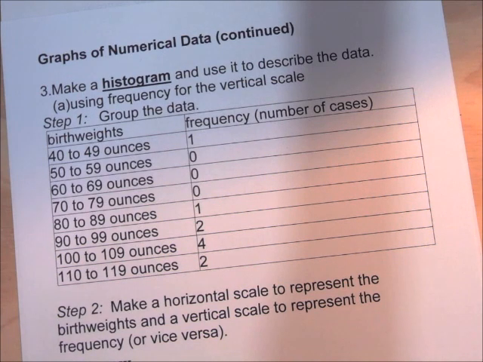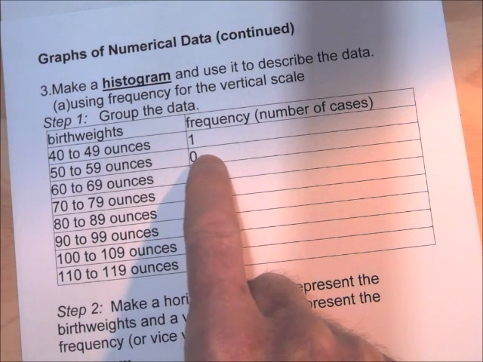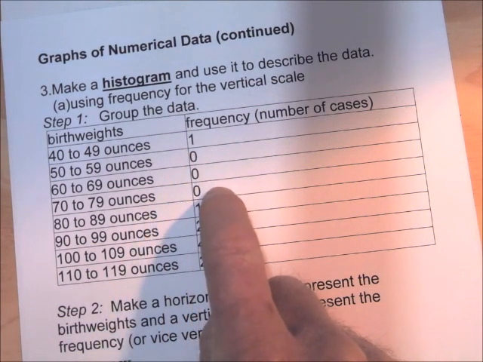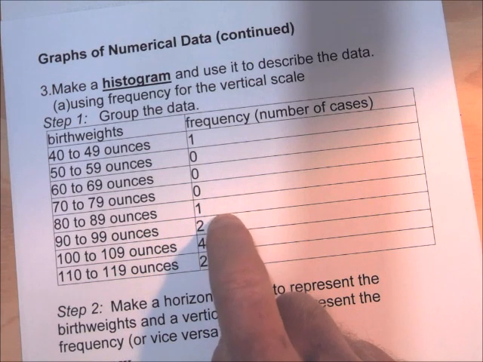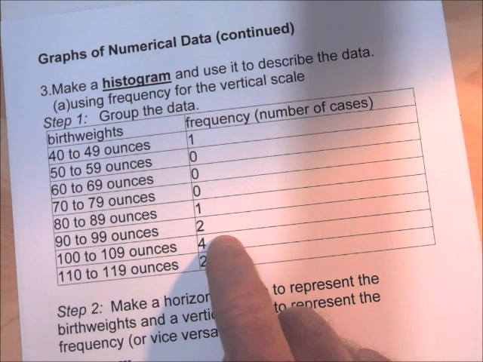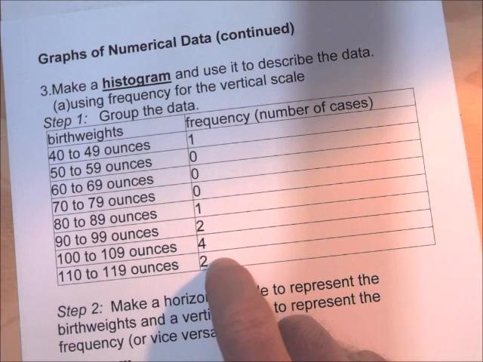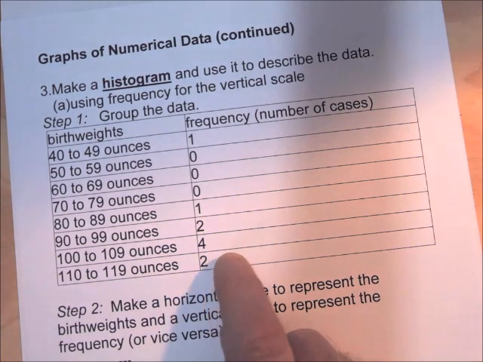So it's oftentimes helpful to group the data for histograms. So I group these by tens. We have one baby in the 40s, nobody in the 50s, 60s, 70s, and then we have one baby in the 80s, two in the 90s, four between 100 and 109, and two between 110 and 118.